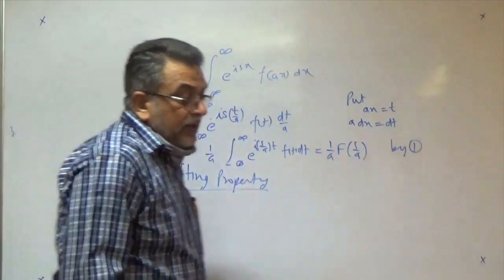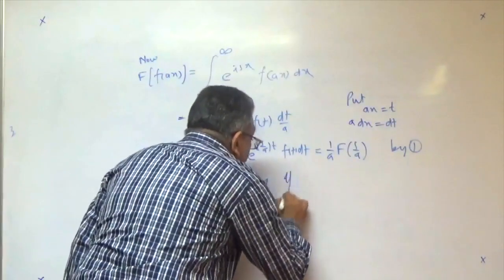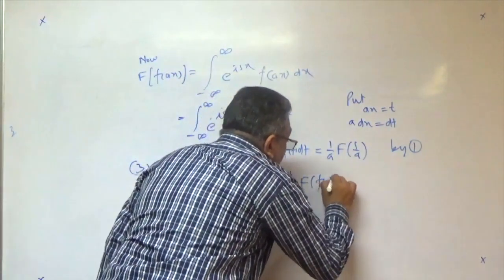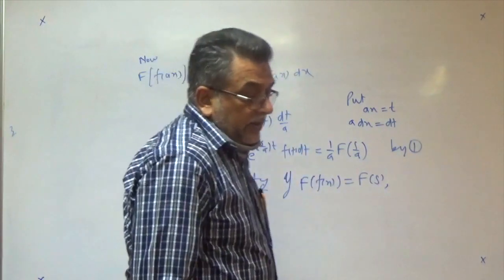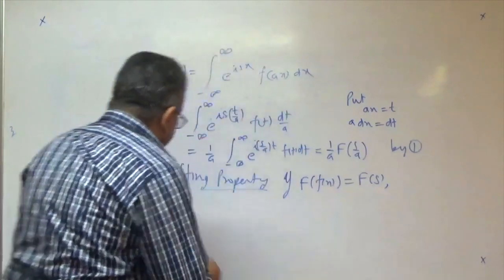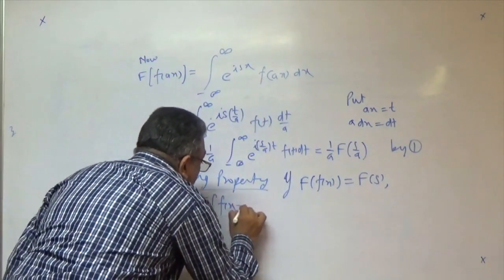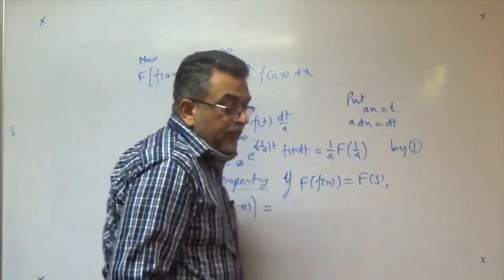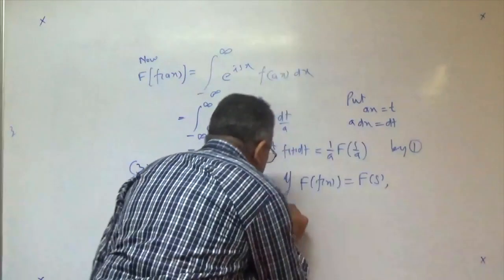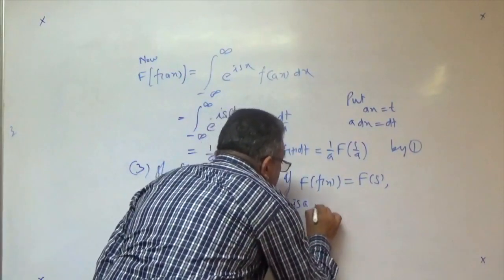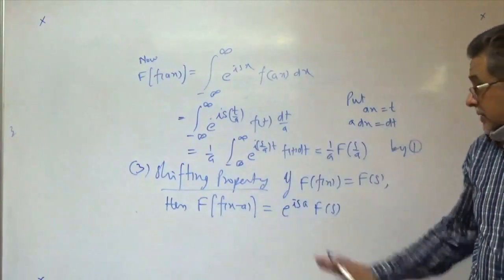Shifting property. Similarly, if we take the Fourier transform of f(x) as capital F(s), then the Fourier transform of f(x minus a) is e to the power i s a times F(s).